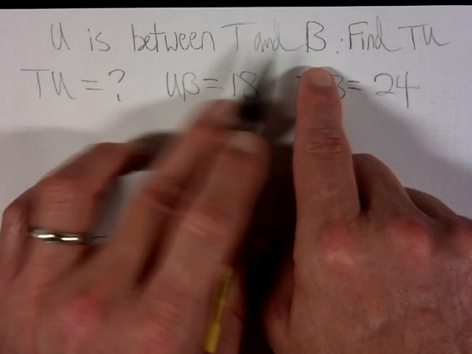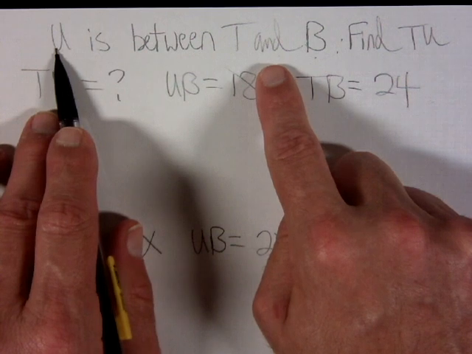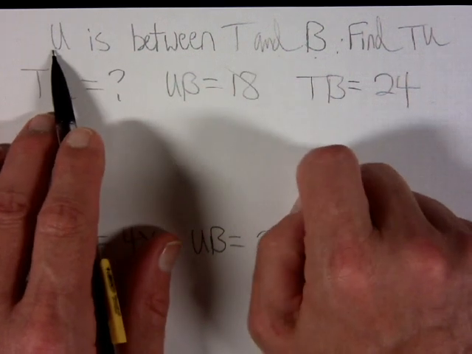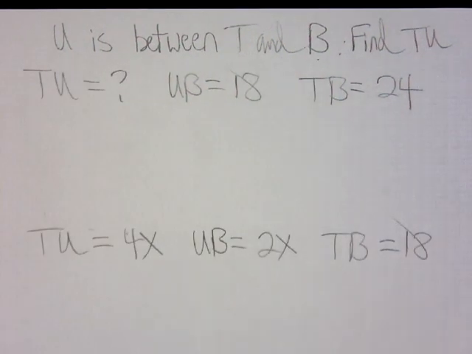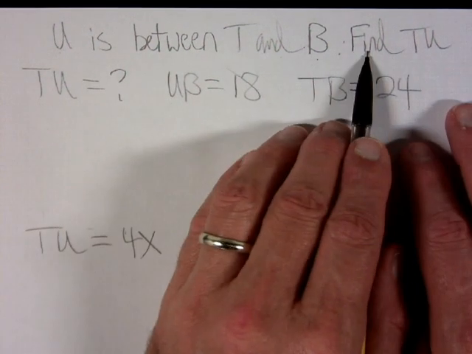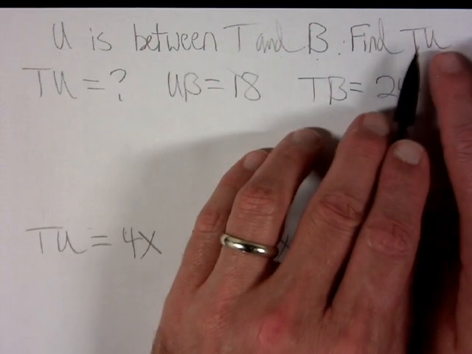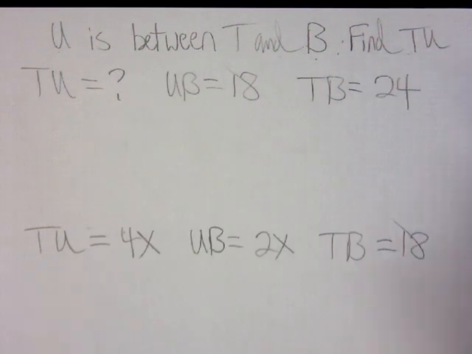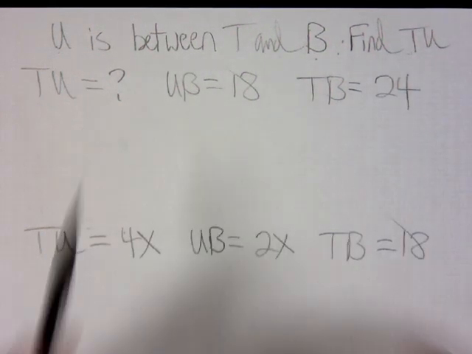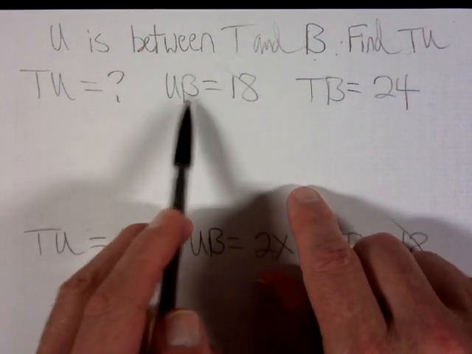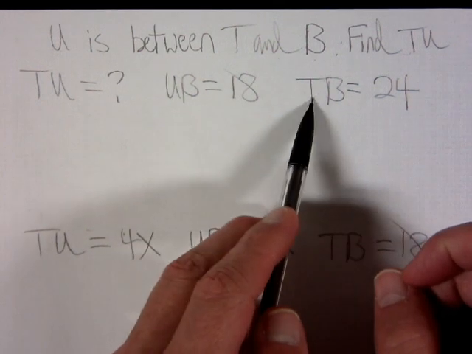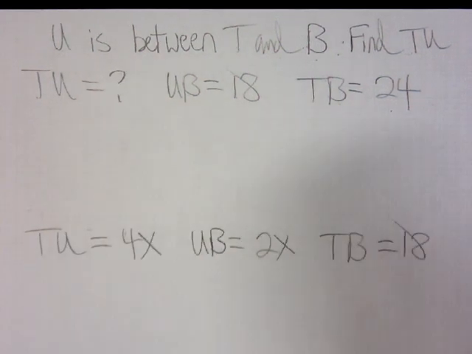U, T, and B have to be points, because points are named with one letter. Keep that in mind. It's asking us to find the length of segment TU. Underneath that, it gives us the length of UB, and the length of TB. Based on that, we want to find the length of TU.